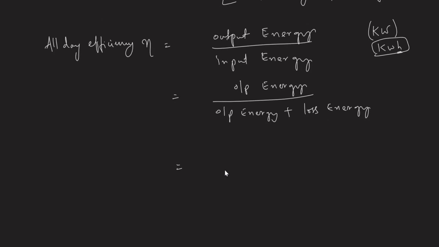So mathematically, the output energy can be at any fraction of load, full load or any fraction of load. So I write this as x fraction of the full load rating of the transformer, in either kVA or MVA, multiplied by the output power factor, multiplied by the number of hours it is operating in that condition.